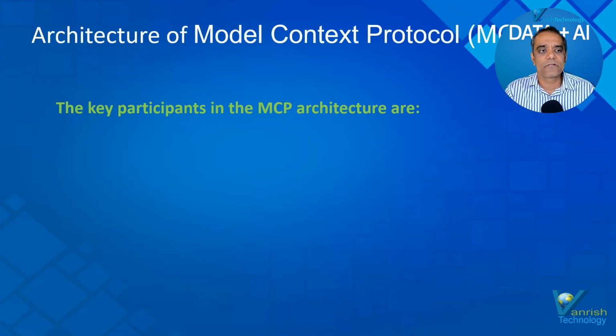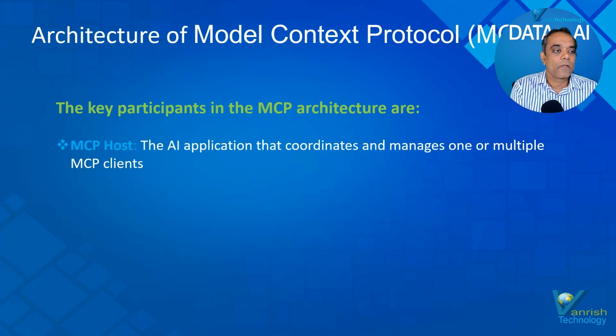So let's understand the key participants in the MCP architecture. What is the architecture for MCP, and how does it work behind the scenes? There are basically three components. The first component is the MCP host.